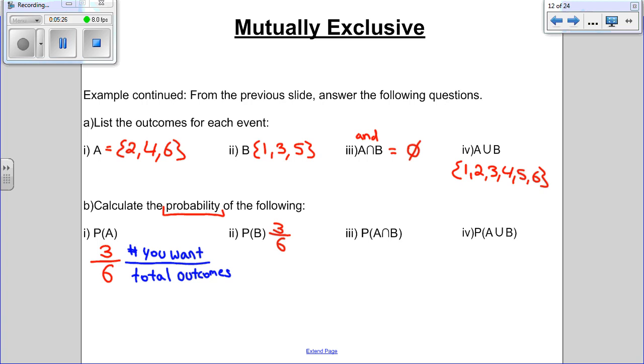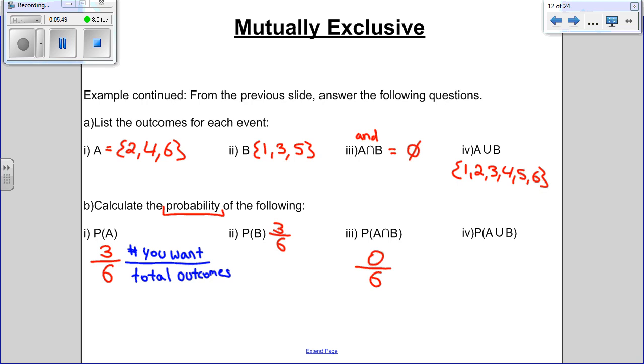How many things are in A and B? There's 0. So you would have 0 possible outcomes divided by 6 total outcomes that could have happened. That means it's not even possible, correct? And it makes sense. There's no way I could roll an even number, and there's no way I could roll an odd number on the same roll.